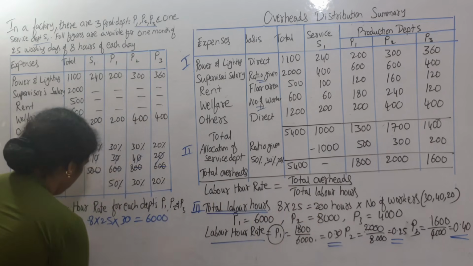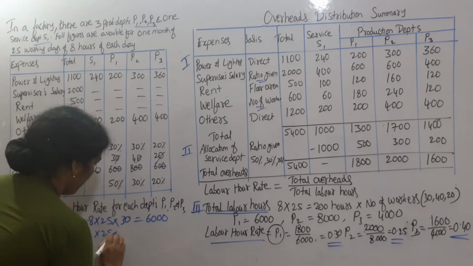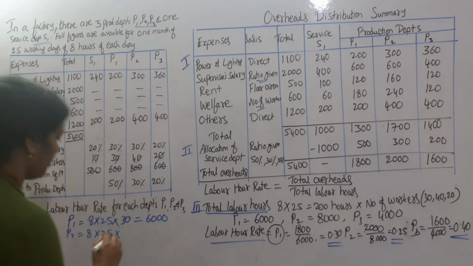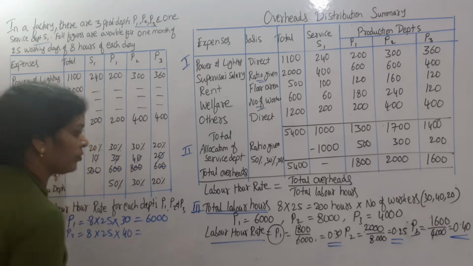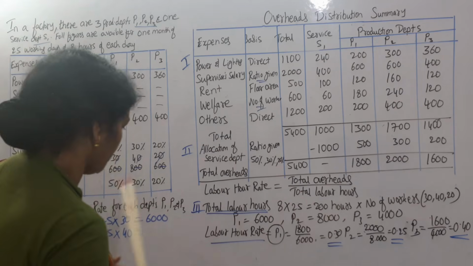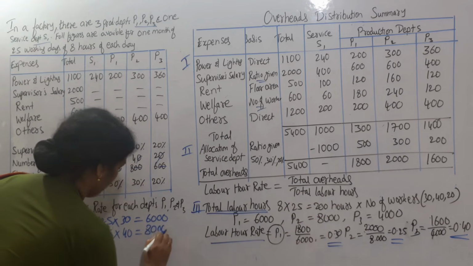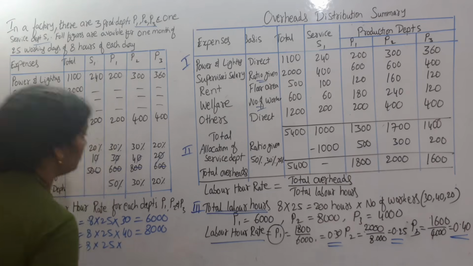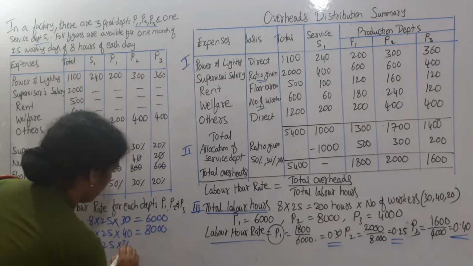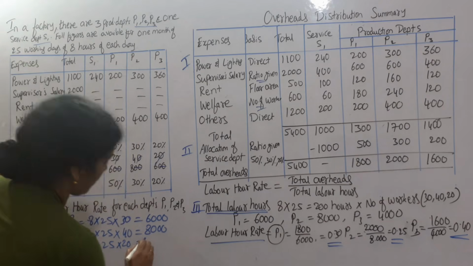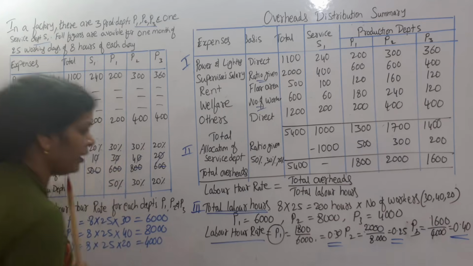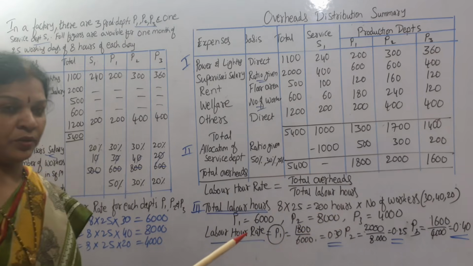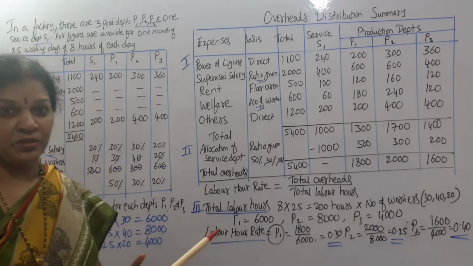In the same way P2, 8 into 25 into number of workers for P2, here 40. You will get 8000. In the same way for P3, 8 into 25 into number of workers 20. So you will get 4000. I have written here P1 6000, P2 8000, P3 4000. So these are the labor hours.